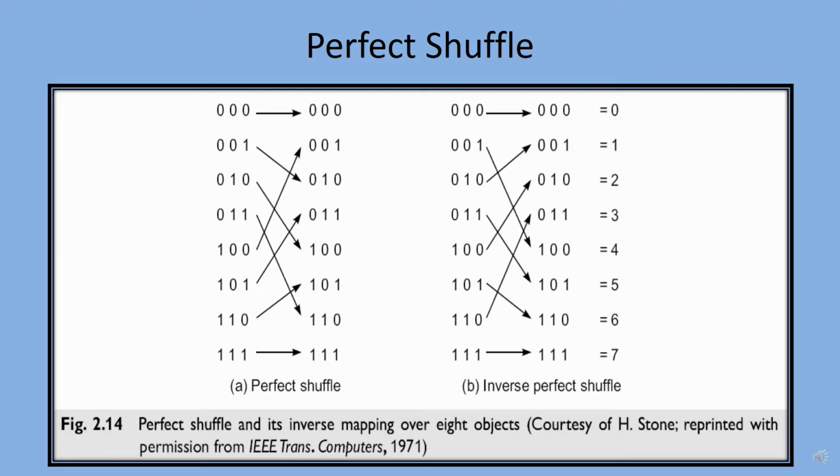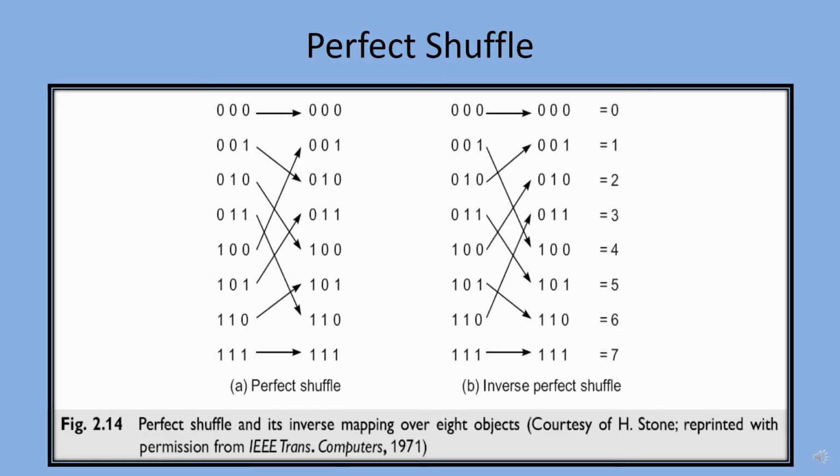But the second combination 001, when it is left shifted by 1 bit, the MSB 0 will be moved to the least significant bit and the other two bits 0 and 1 will be left shifted by 1 position. As a result you will get 010 as the resultant combination. So the mapping is from 001 to 010.